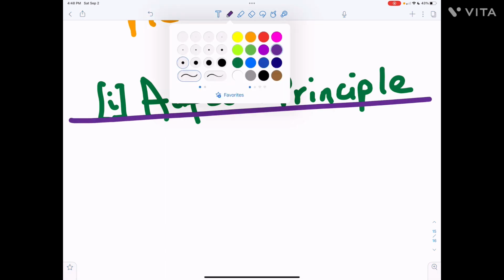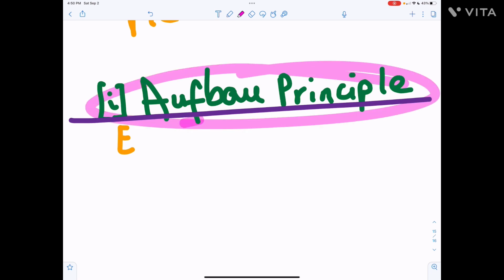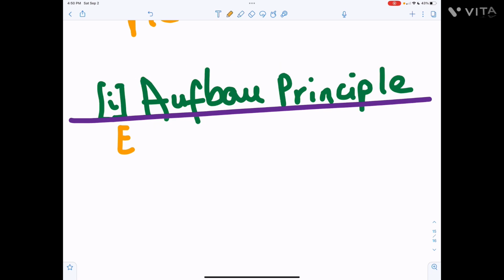Aufbau principle. See, of all the principles used in writing the quantum electron configuration of atoms of elements, the Aufbau principle is the most important one, the most important of the three rules.